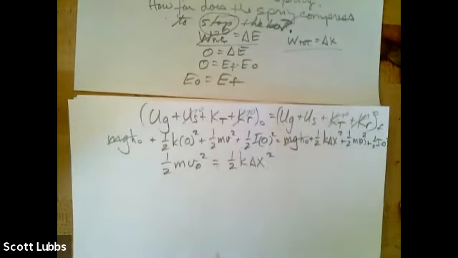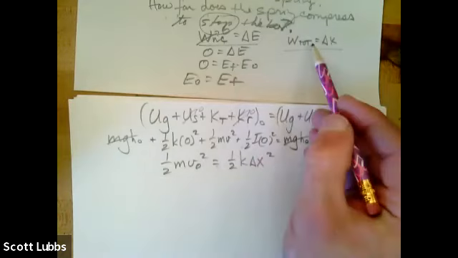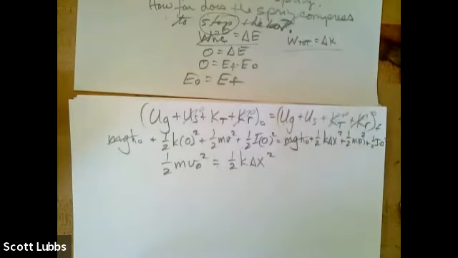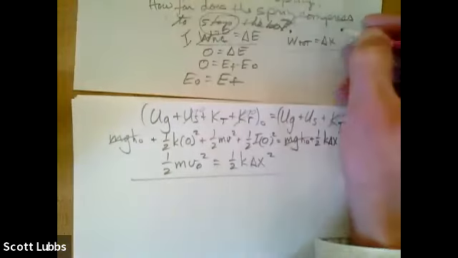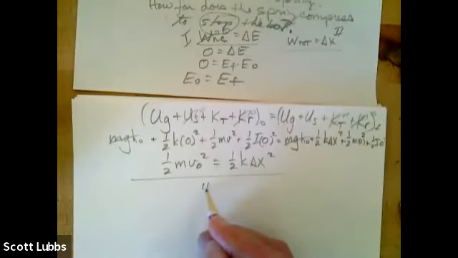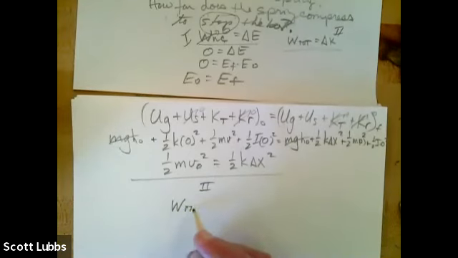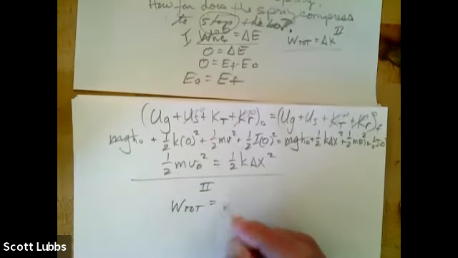I end up with 1/2 mv squared equals 1/2 k x squared. So that's using step 1. What if I do step 2? So number 2, total work is going to give me my change in kinetic energy.